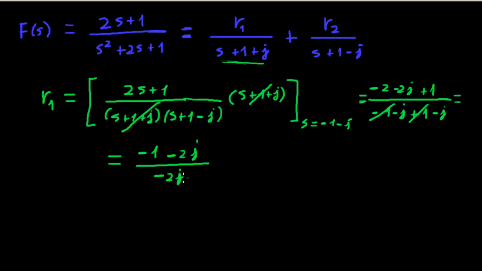But we don't like j's in the denominator, so we multiply by j both the numerator and the denominator, and here we have -j - 2j², which is plus 2, over -2j², which is plus 2. And finally, this is written as (1 + j)/2.